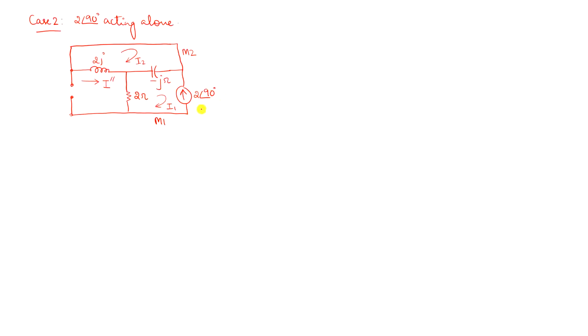Because you have a current source exclusively in that particular mesh 1, I can specify I1 to be equal to 2 angle 90 degree, which is 2j. The direction of mesh current I1 is opposite to the direction of the current source, so the value will be negative. So I1 is equal to minus 2j amps.